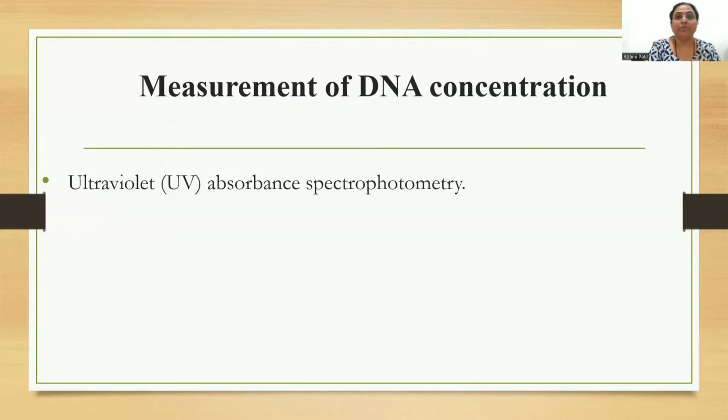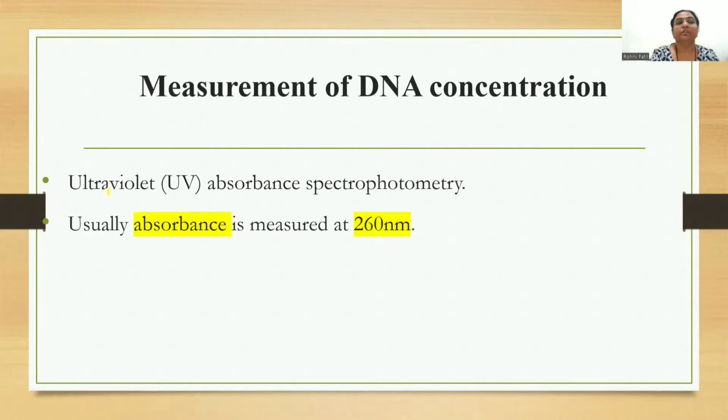To find out the concentration of the DNA, we can use ultraviolet absorbance spectroscopy, or you can also use a UV visible spectrophotometer. When we are measuring the absorbance in the UV radiation, we have to measure at 260 nanometer.